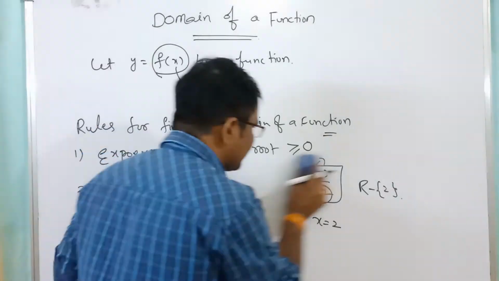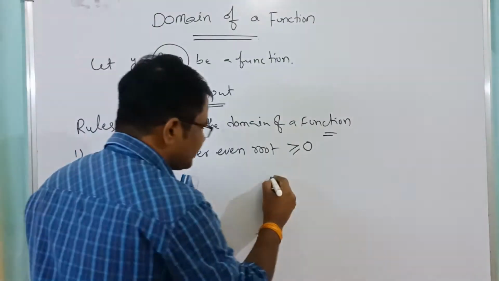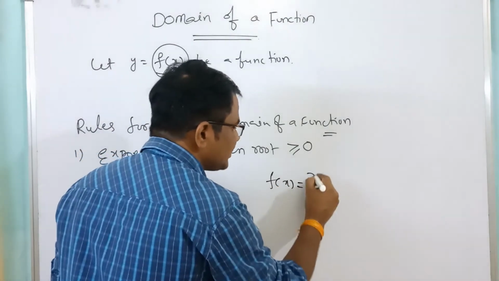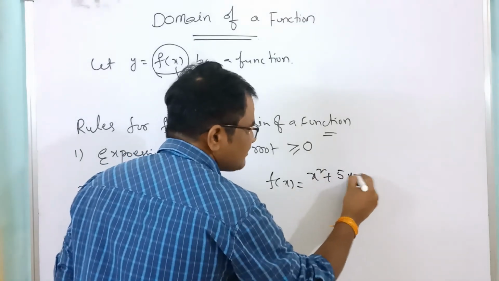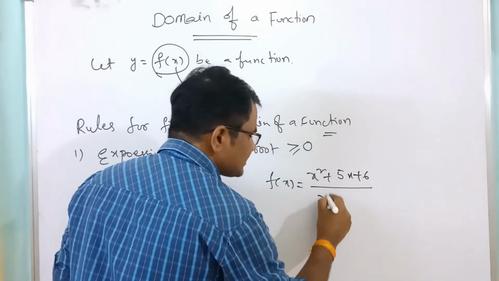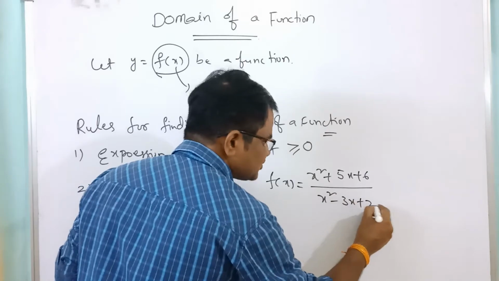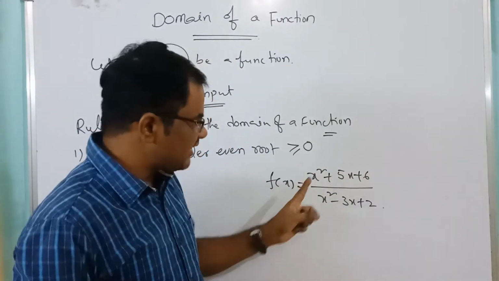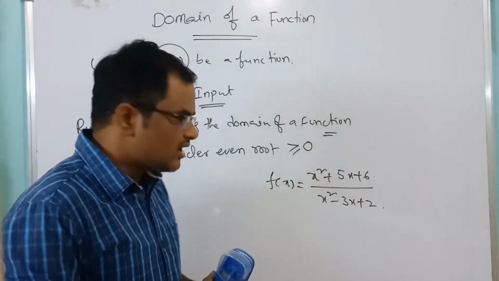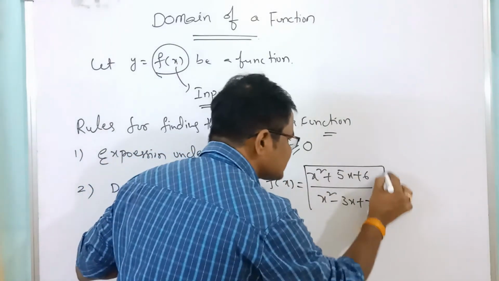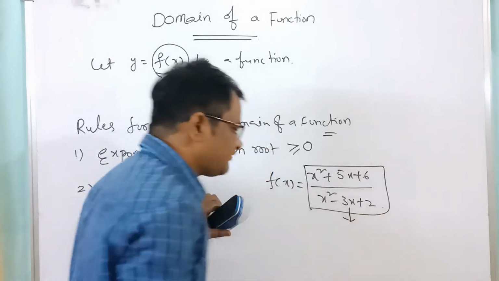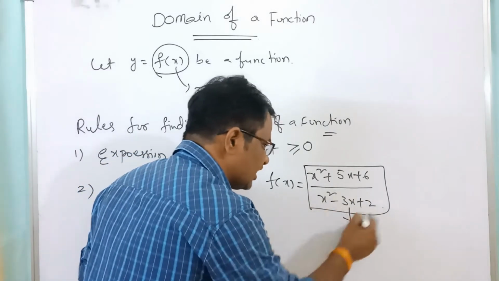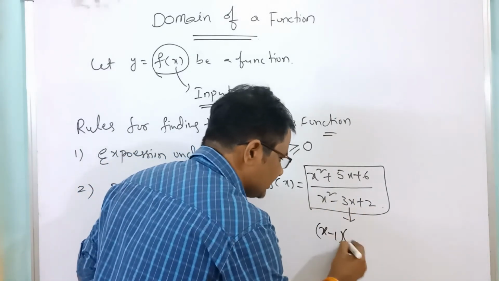For example, one more example: f of x equal to (x square plus 5x plus 6) divided by (x square minus 3x plus 2). For this function, from the real numbers, all values exist except 2 values, because if you factorize the denominator you get (x minus 1) into (x minus 2).